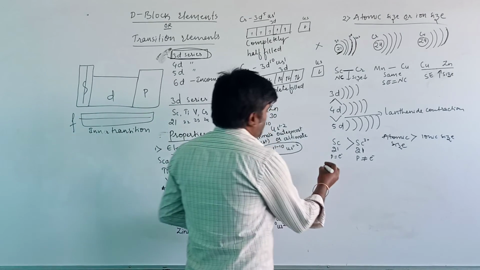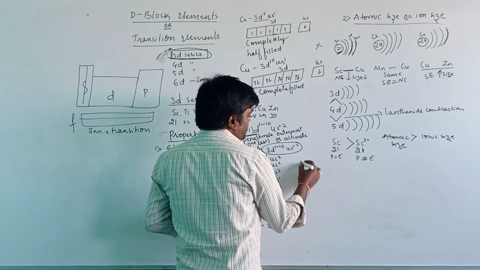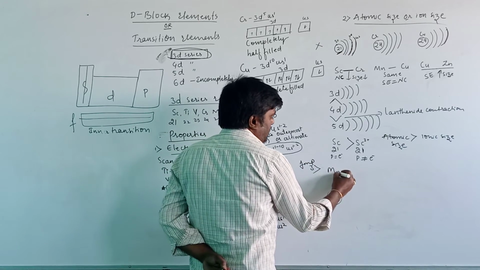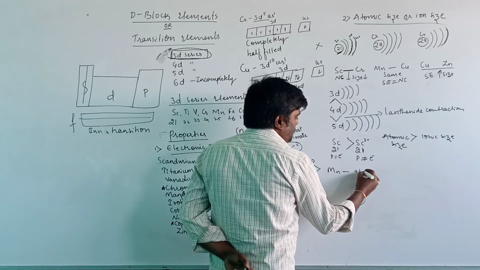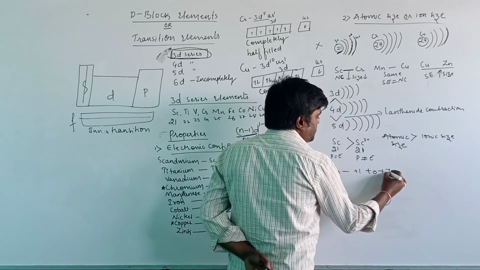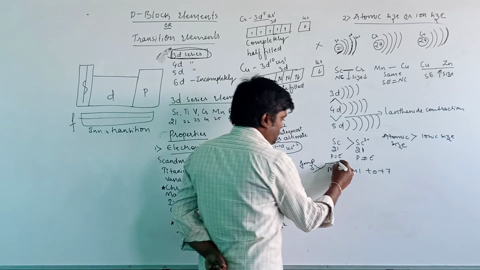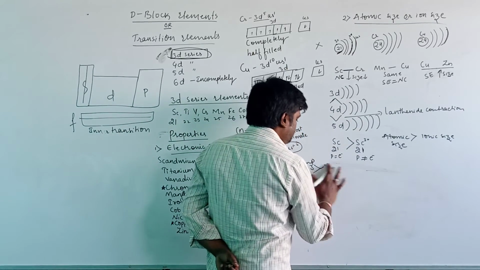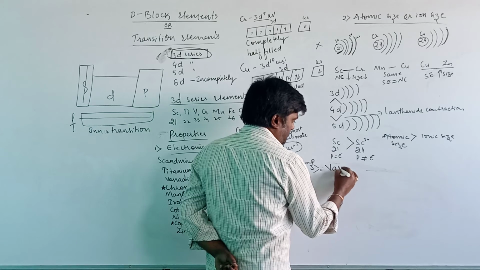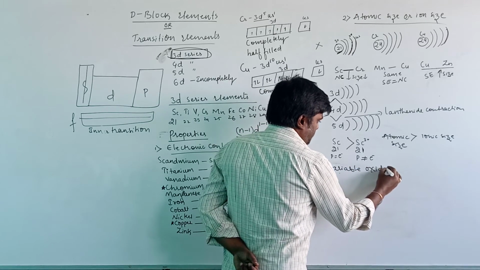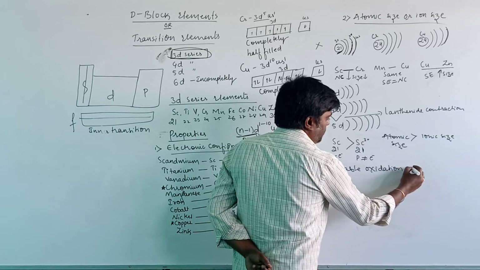The next, the third property, is variable oxidation state. Manganese will show +1 to +7 oxidation states.